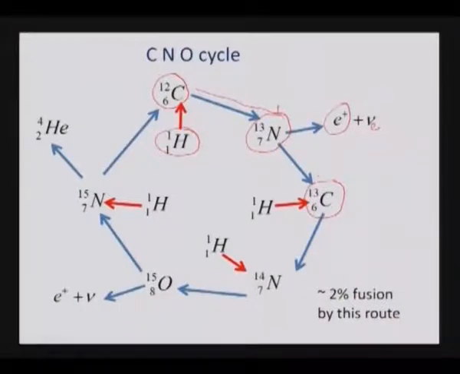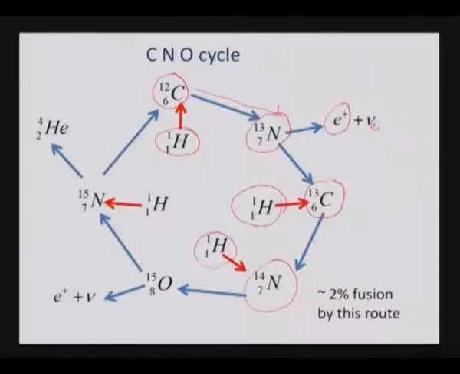To this 13 carbon nucleus, one more proton goes and combines, and then it will again make nitrogen. 6 protons are there, one proton going in, 7 protons. So, that will make nitrogen, but now the total mass number will be 14. So, you get this 14 N, and this 14 N combines with another proton here, and what will it make?